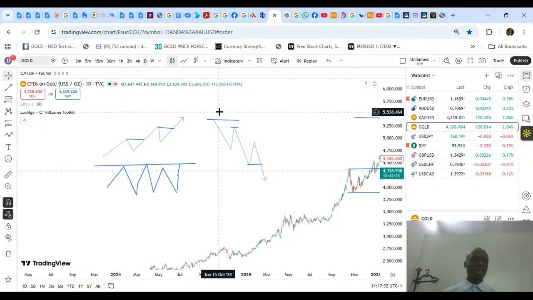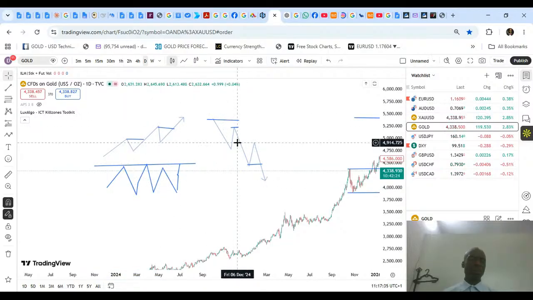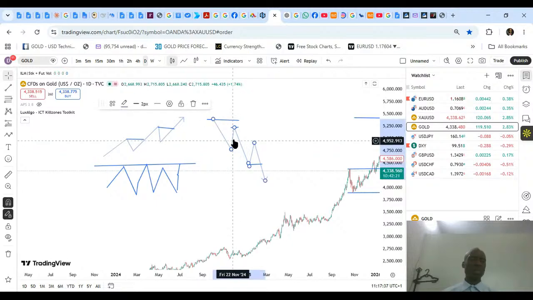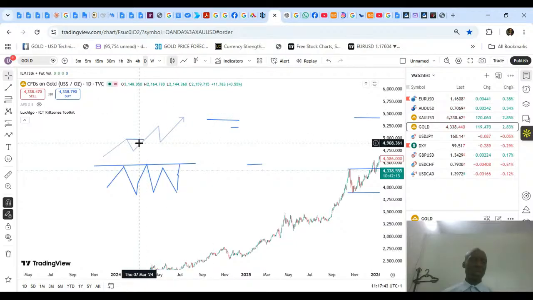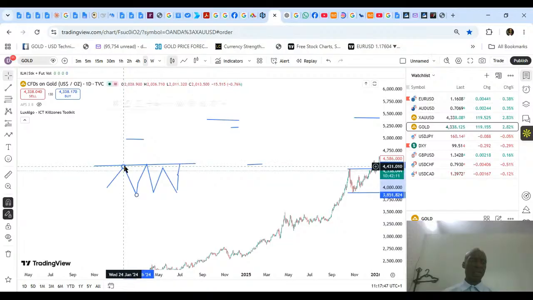So as I said, we are trading the smart money concept. Let's clear up the chart a bit so that we can have clean charts.